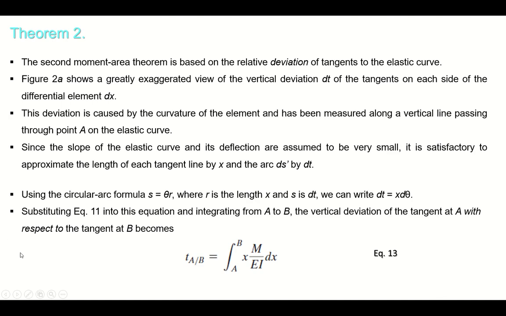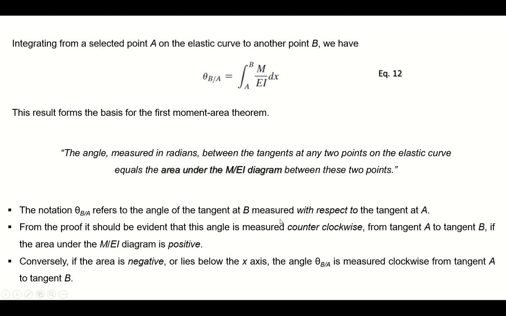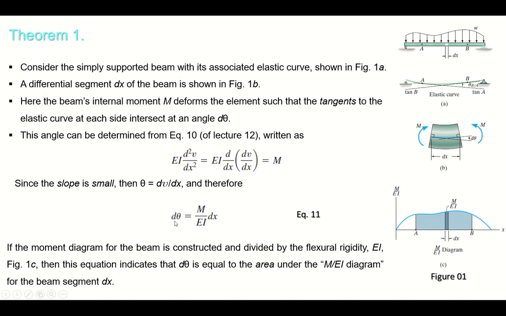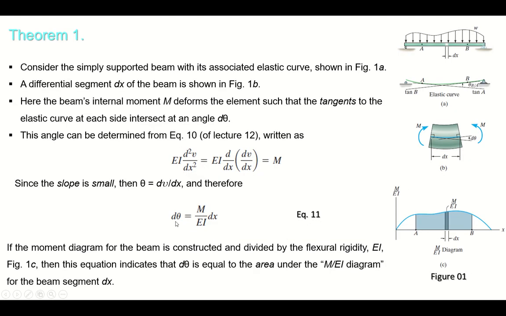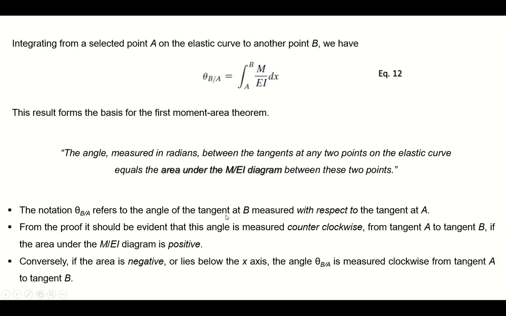Now substituting equation 11 into this equation and integrating from A to B. As we derived equation 11, where d theta was equal to M over EI into dx, therefore we can see that dt is equal to x into d theta. So we can put the value of d theta here. So d theta is equal to M over EI into dx.